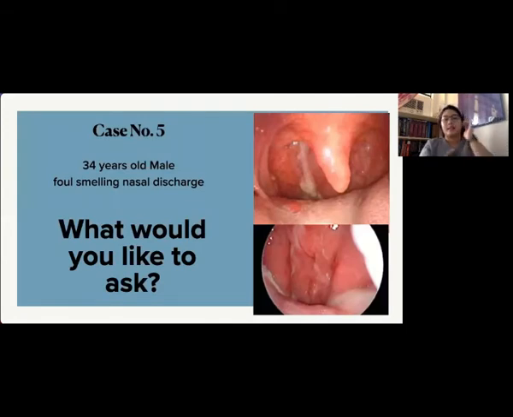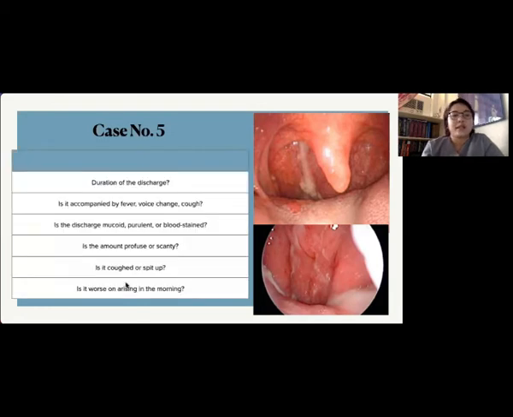Okay, next. A 34-year-old male came to you with a foul-smelling nasal discharge. You can see this one. These are the discharges: this is in the nasopharynx of the patient, and this is in the oral cavity. So, what would you like to ask? I'd like to know the duration of the discharge.